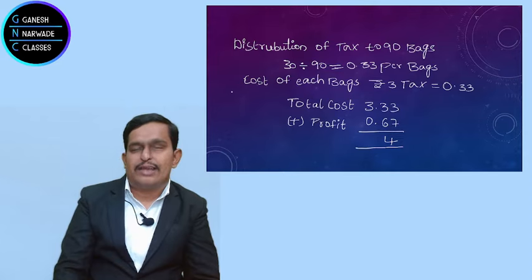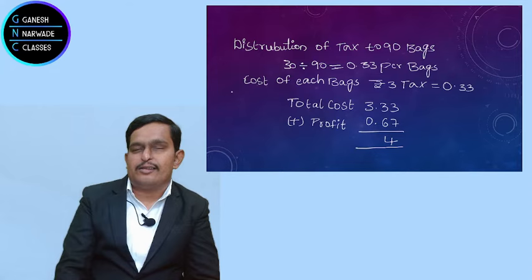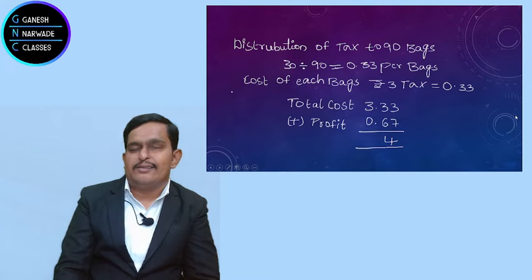Then it came to 3.33. He thought he will earn at least 0.67 paisa profit. So he added 0.67. Now 3.33 plus 0.67 is equal to 4 rupees. He sold the bags in India at rupees 4.